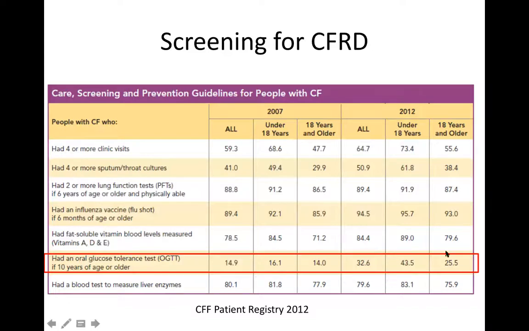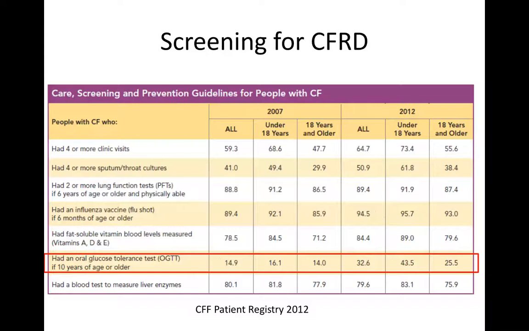So here's some stats on screening people with cystic fibrosis for cystic fibrosis related diabetes. The question was, did you have an oral glucose tolerance test if you're age 10 or older? In 2007, as I mentioned previously, we were screening about 15% of people. In 2012, we were screening about 32% of people. At our institution, we are screening way more than that.